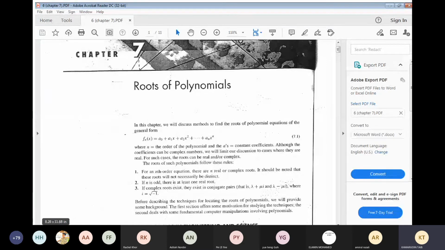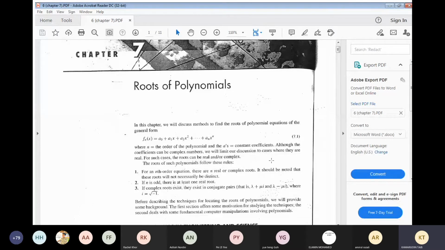So for a polynomial of order n, for example quadratic, or cubic where n equals 3, there are n real or complex roots. It should be noted that these roots will not necessarily be distinct.